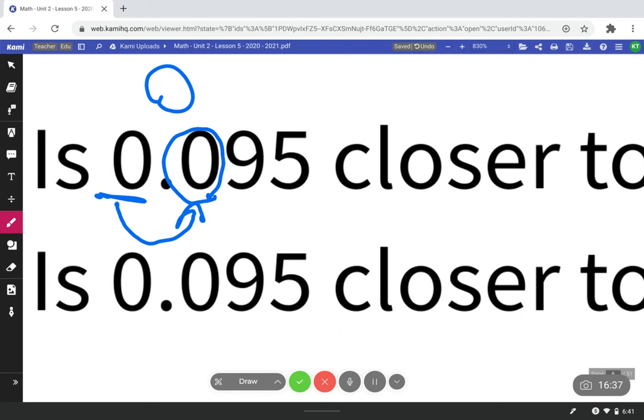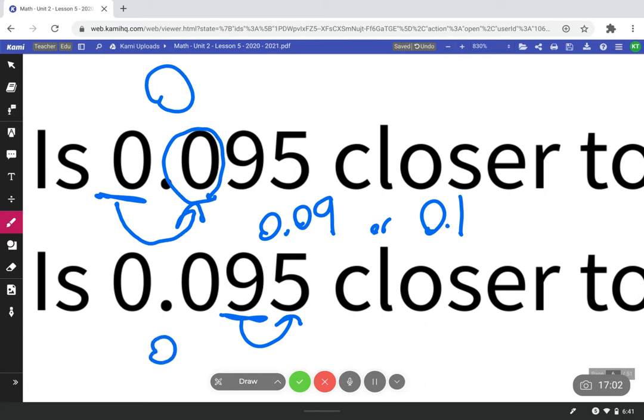So we are asking ourselves, is it closer to 9 hundredths or 1/10? Well, if we look at the place value to the right, we see it's a 5. So 5 would make the 9 round up, turning this into 1/10.